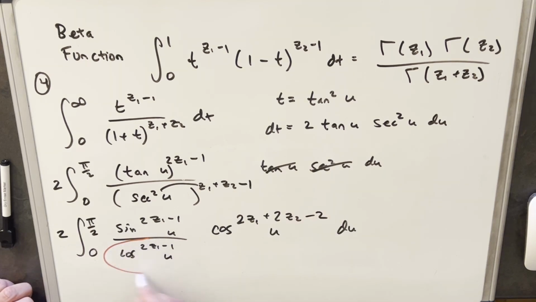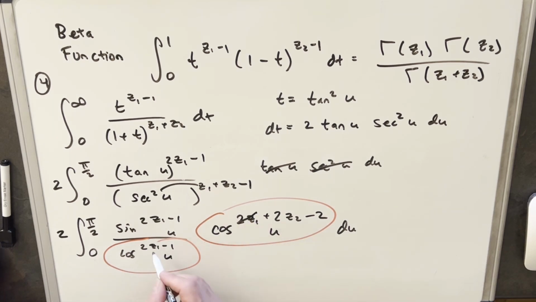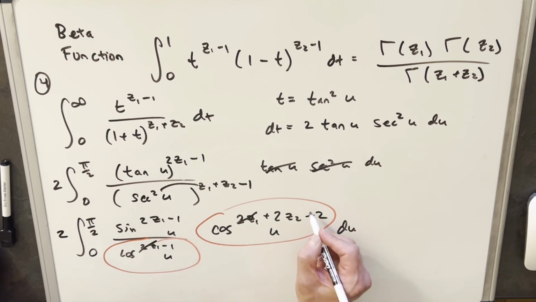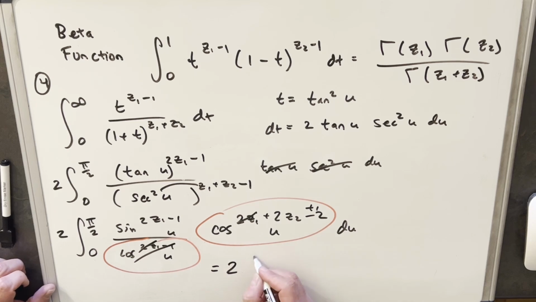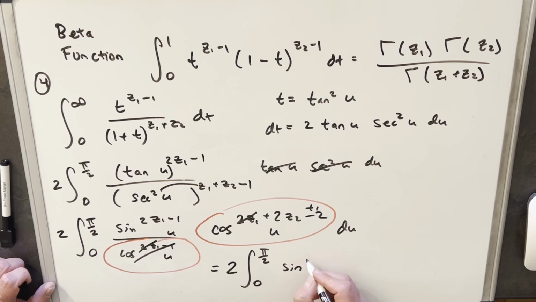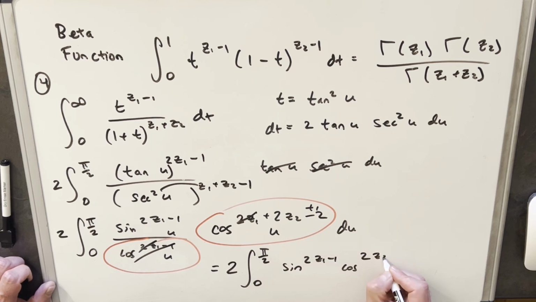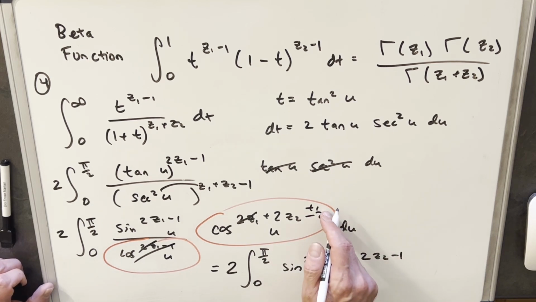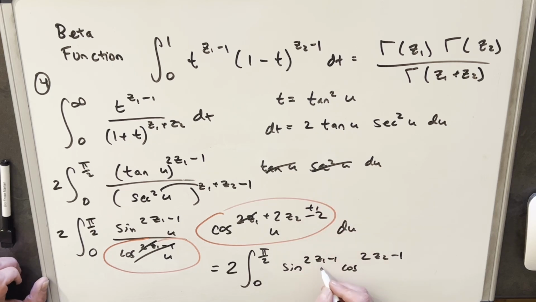Then I can take this cosine and combine it with this cosine. And when I do that by exponent properties, the 2z1s are going to cancel, and then we're actually adding a 1 from this here. So when we put that all together, let's see what we have. We have 2 out front. We're going from 0 to pi over 2. We have sine^(2z1 - 1), and then we have cosine^(2z2 - 1), because we have minus 2 plus 1, so that's a minus 1 right there. Don't forget your u's, du.